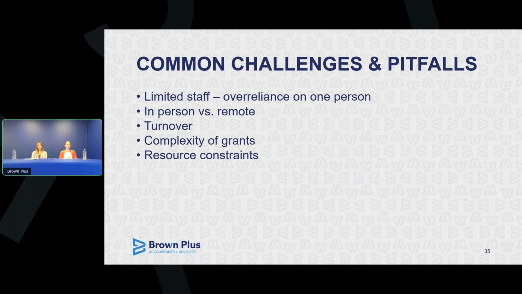Going back to the grant situation, they could have some complexity, and if you're not aware of those, that can create a challenge to make sure that you have those things being thought about. And then resource constraints are another issue for nonprofits, particularly with controls. Maybe you do really want to have a 3-person accounting department, but your budget can't support that right now, so you don't have the resources to do that.